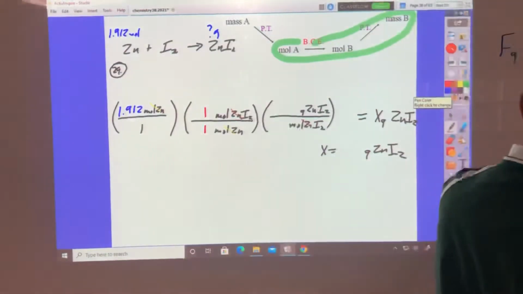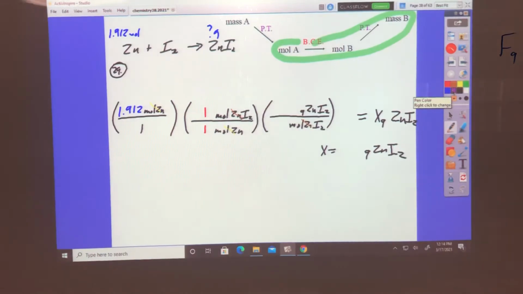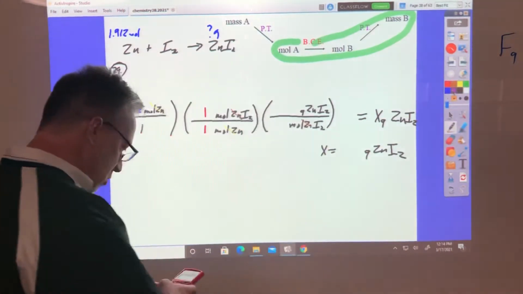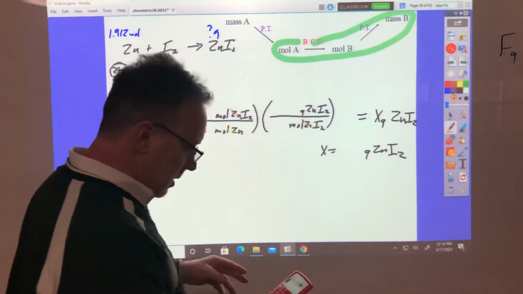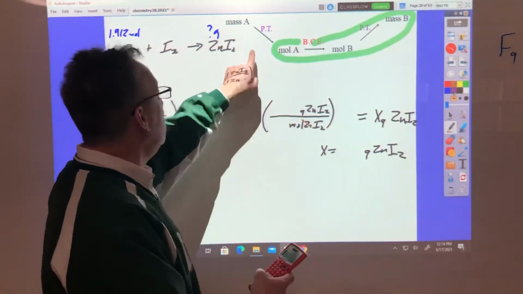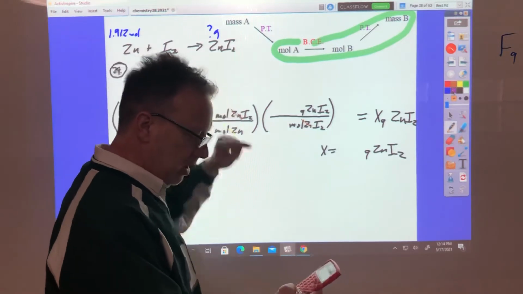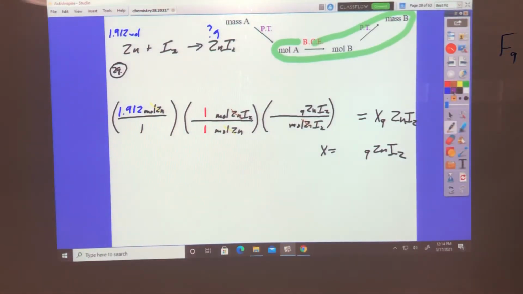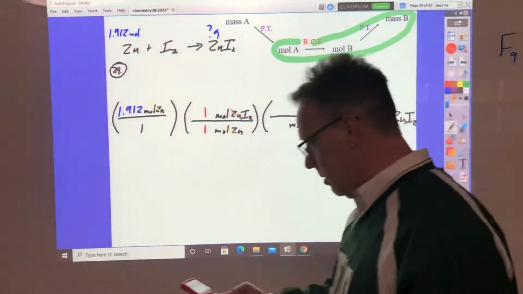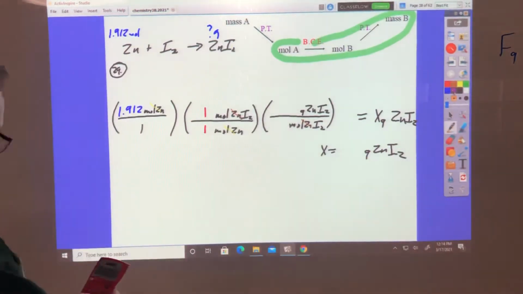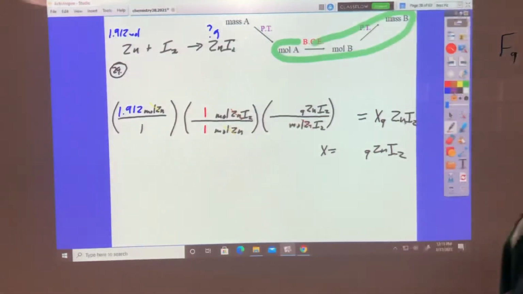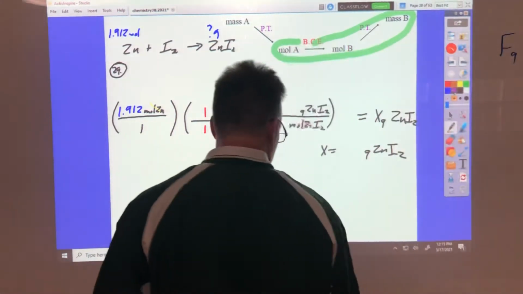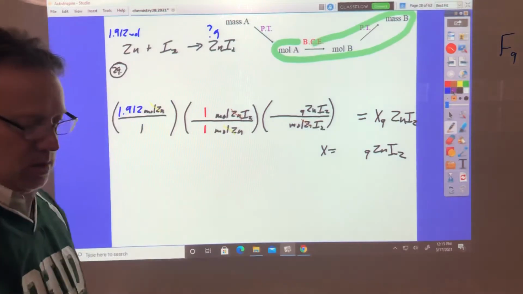Iodine from the periodic table, I think, is 127. Yep, almost 127. So I have a 127 times 2. And I think zinc's 65 point something. Zinc is 65.4. I was a little short of that, so we'll go 65.3.